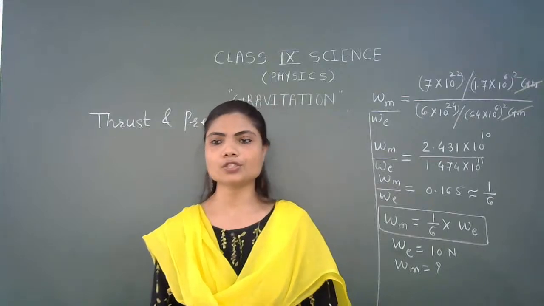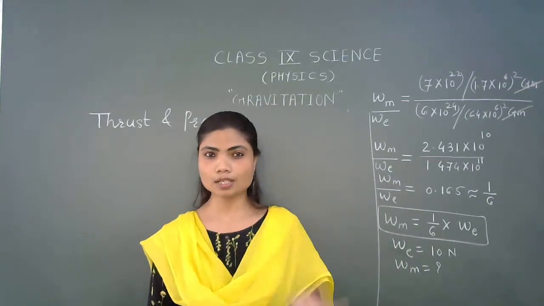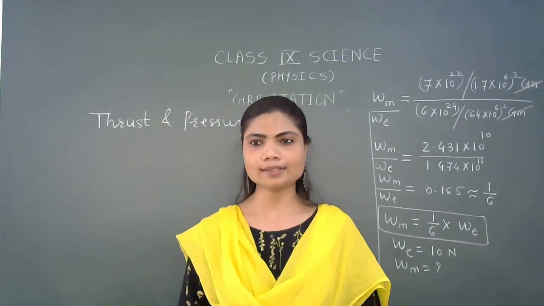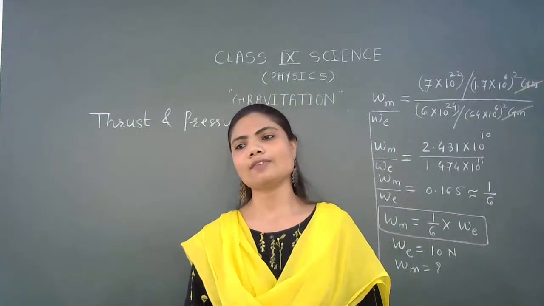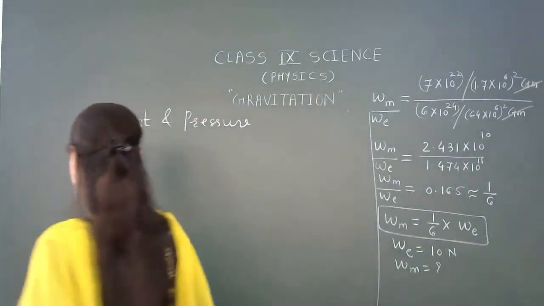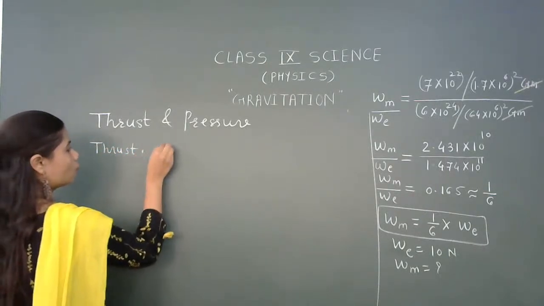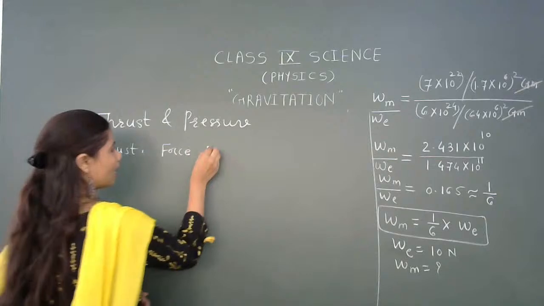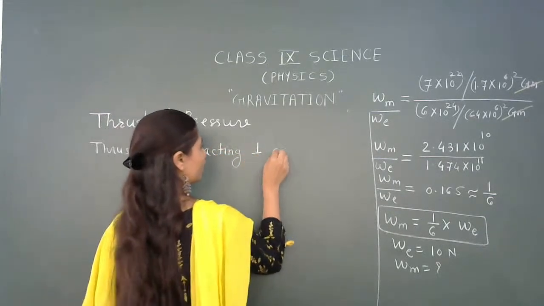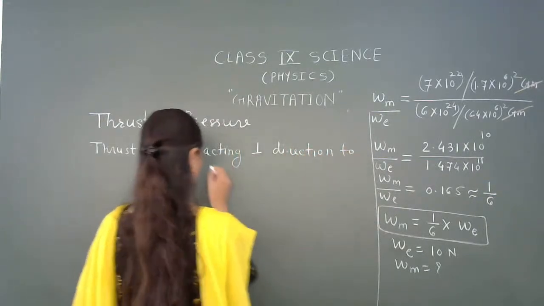And these two definitions are so interesting, which will provide us with various daily life examples. Initially, we just understand it and their relations with each other, and then I will explain their applications in daily life. Okay? So, what is thrust? Thrust is force acting or applied in the perpendicular direction to the surface.